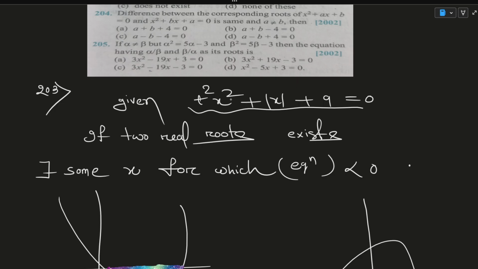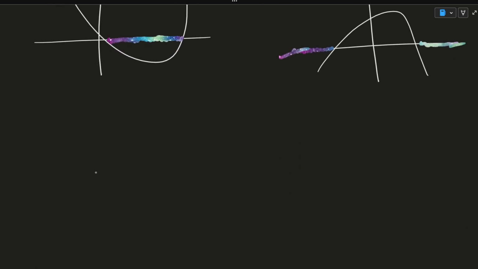Let me write: t square x square plus mod x plus 9 for x greater than 0.